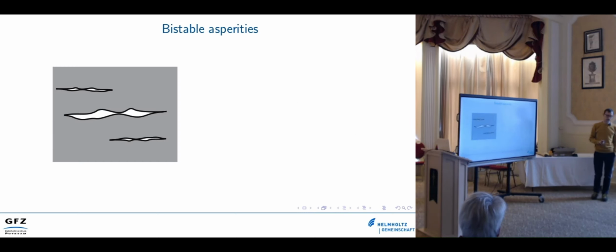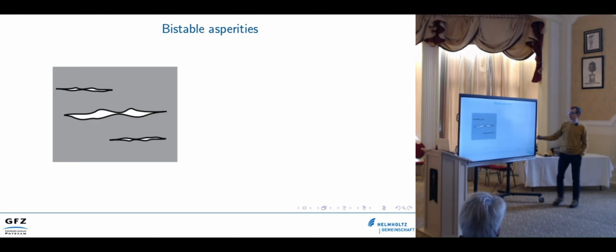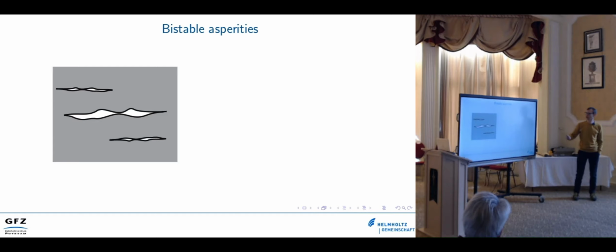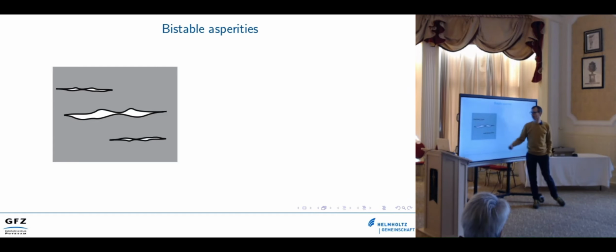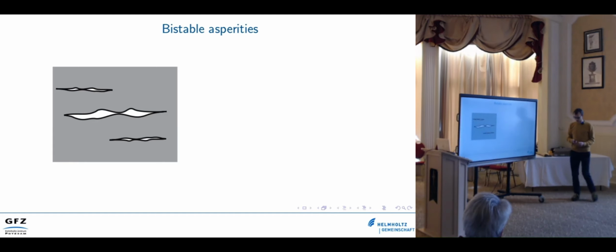So let's look at one of these contacts within a material. That might be a small crack, and it might be some inhomogeneity in the material. It might be a contact between two different grains. It doesn't really matter.